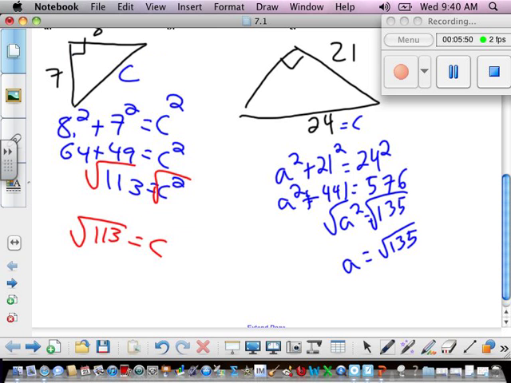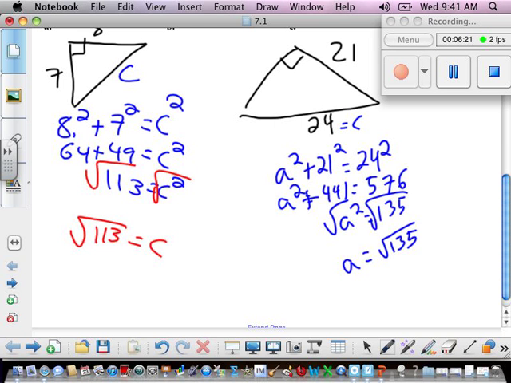Let's see. The biggest thing that could go in there is 121. Doesn't go evenly. Next biggest is 100. Doesn't go evenly. Next biggest is 81. Doesn't go evenly. Next biggest is 64.